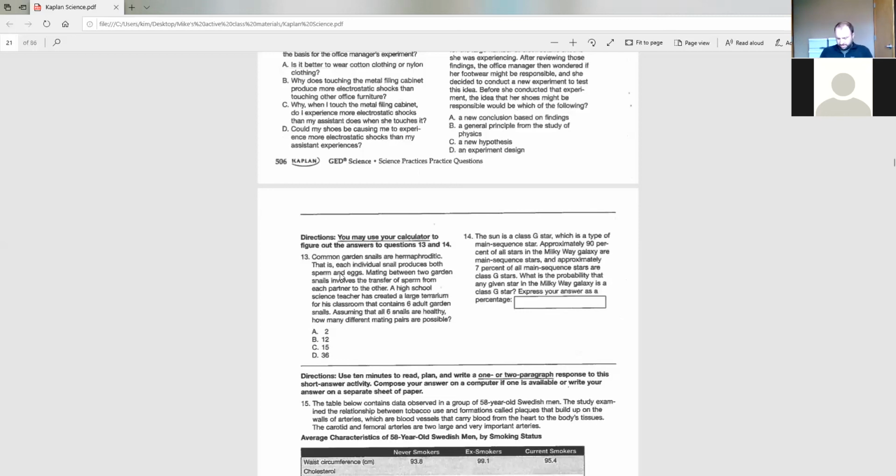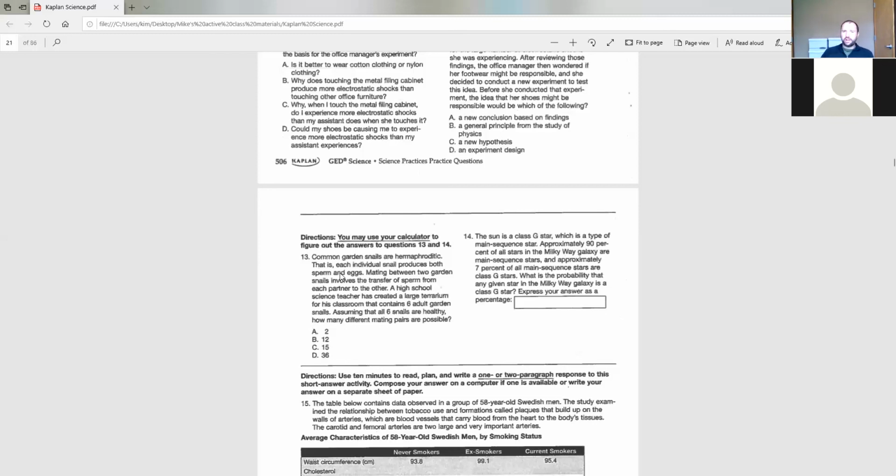First let me see how the book explains it, but I think they're going to do it slightly differently than I would. So the question asks for the probability that any given star is a class G star. So what you have to do is combine the 2 probabilities to find it. When they say combine, they mean multiply together.